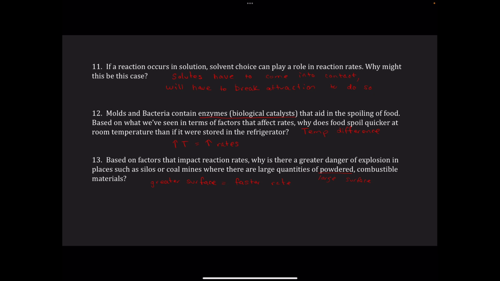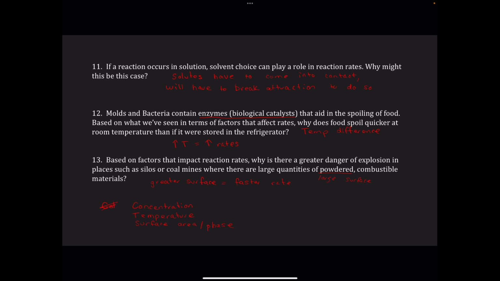So all of these factors we've talked about so far, they're going to be factors that impact the ability of our particles to collide. So we have talked about concentration. We have talked about temperature impacting rate. Surface area. Also related to that, surface area can also be impacted by phase.